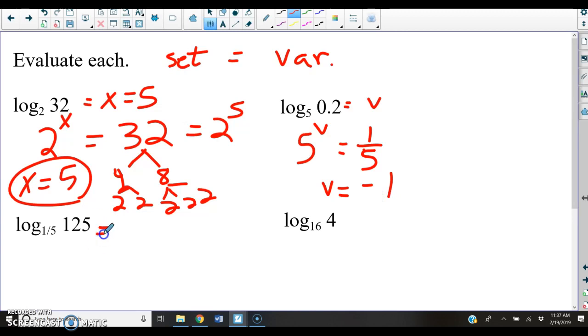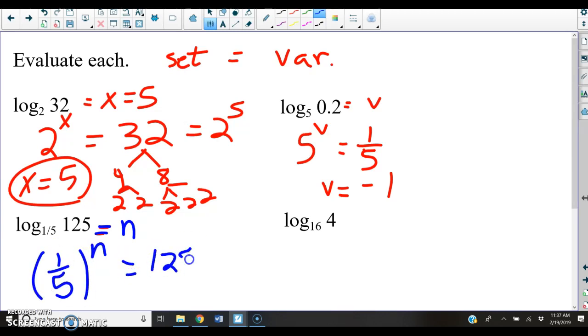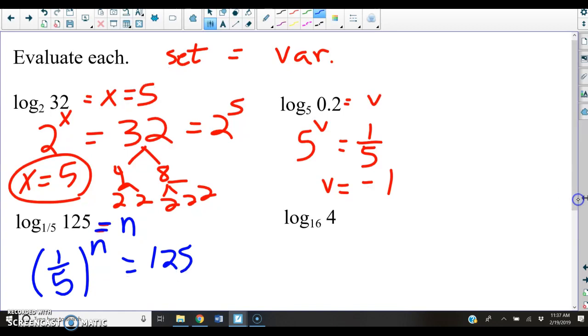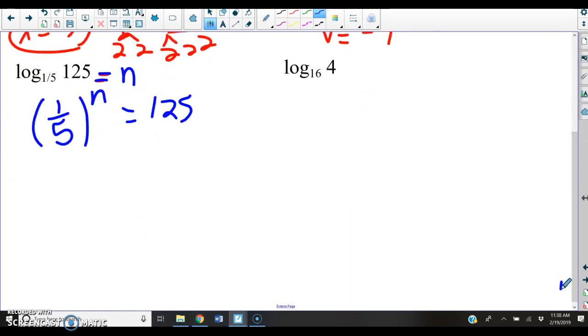Okay, set it equal to some variable. I need to switch colors so that you can start seeing it differently. So some exponent. So 1/5 to the n equals 125. Well, 125, if you've done a few of these, you realize that's 5 cubed. But this is 5 in the denominator.